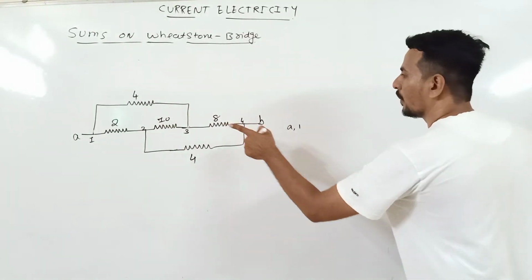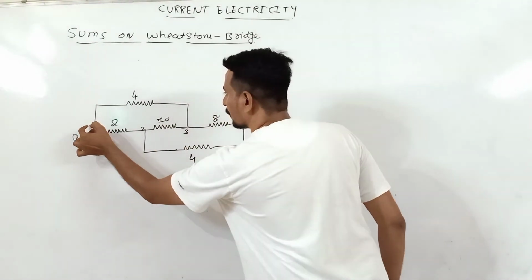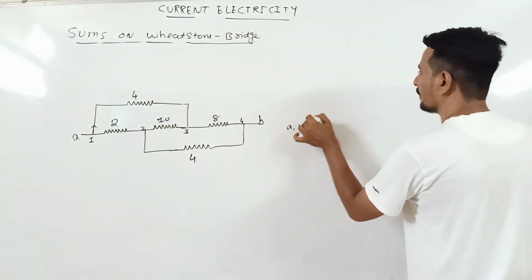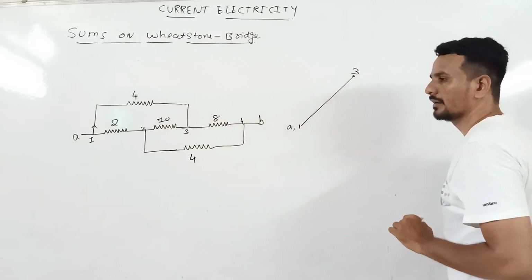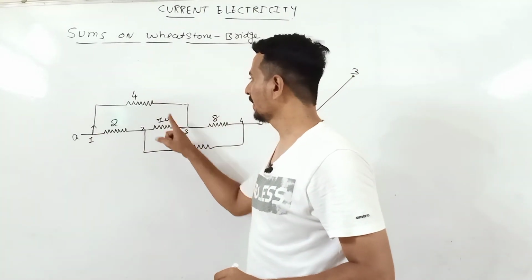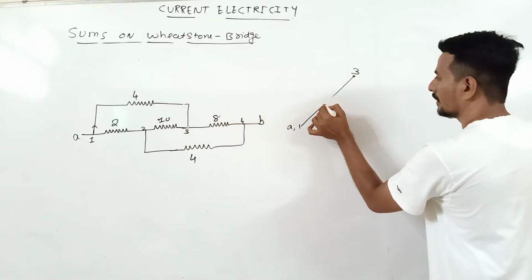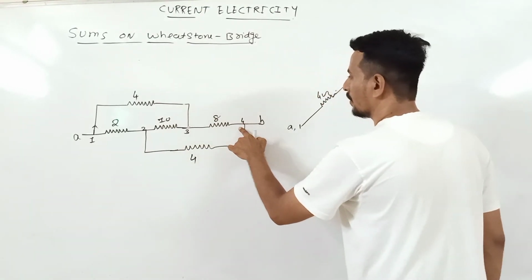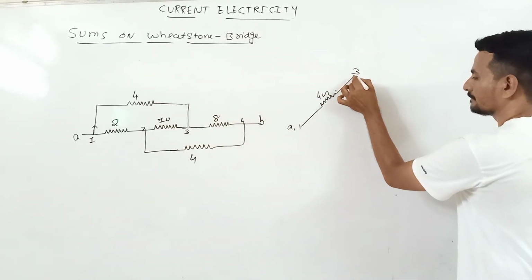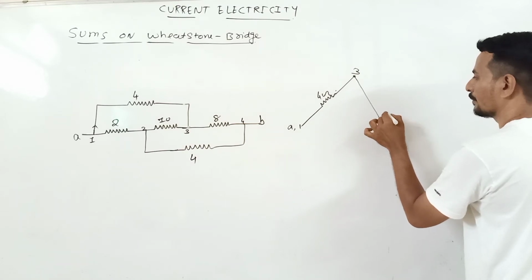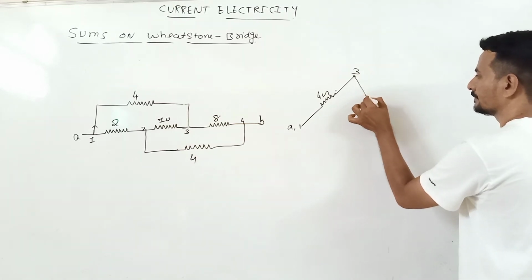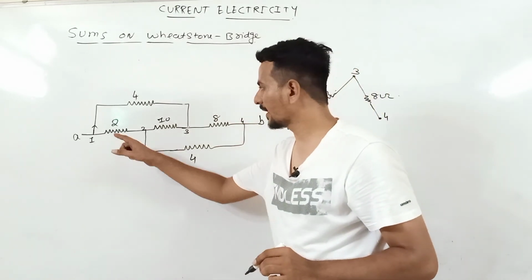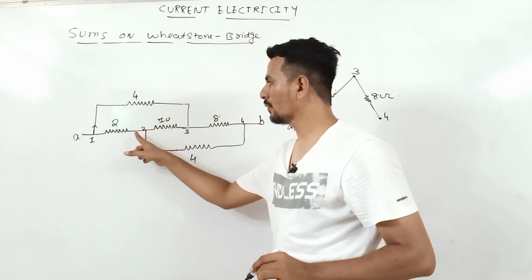We'll go from 1 to 3. First we'll go in this route. 1, 2, 3 and 3 to 4. So 1, 2, 3. Point 3, right? Starting from 1, going to point 3, there is a 4 ohm resistor. From 3 to 4, there is an 8 ohm resistance. Point 4. Then the second route, again we'll start from 1, we'll go to 2.